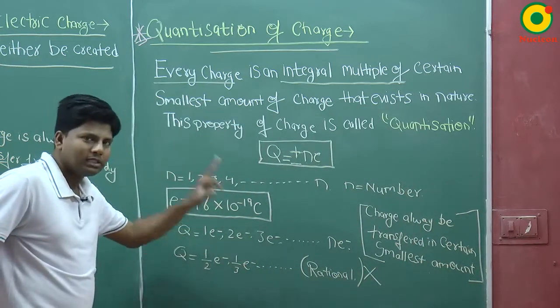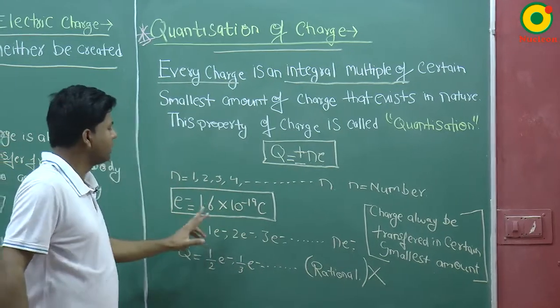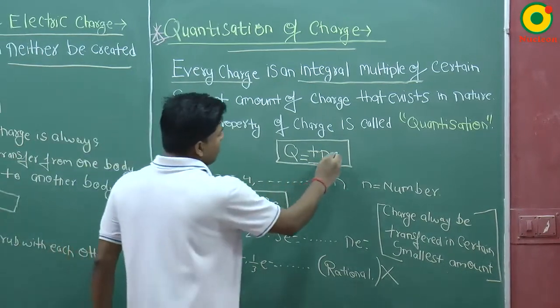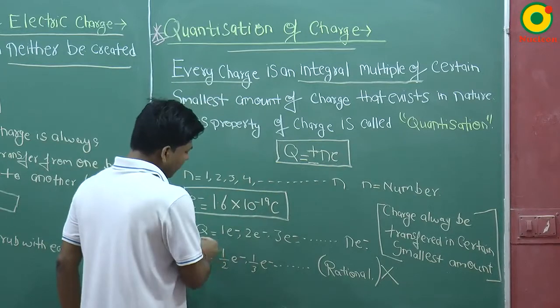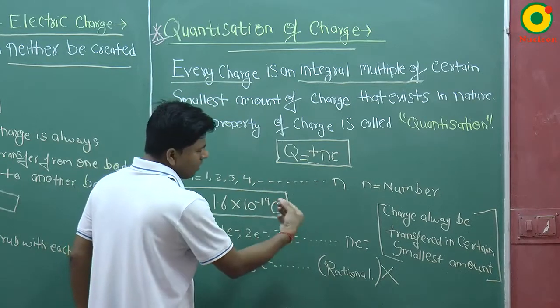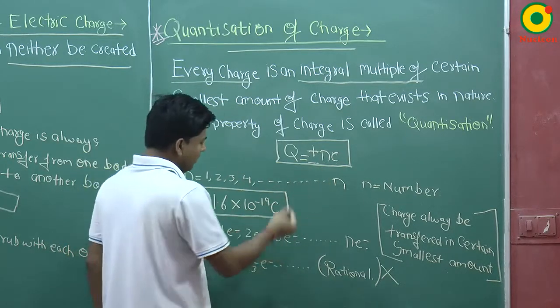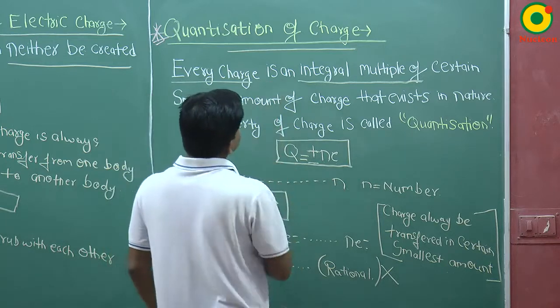So the charge in our nature is always transferred in definite amounts, in the form of 1E, 2E, 3E and so on. Okay, that is exactly what this property says about charge.